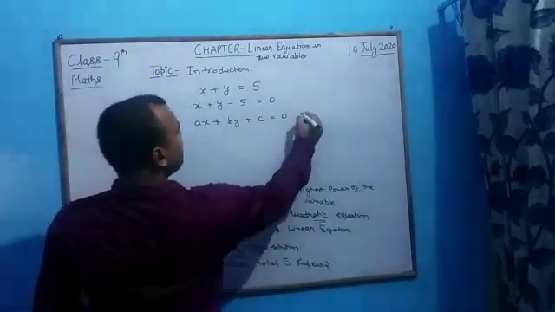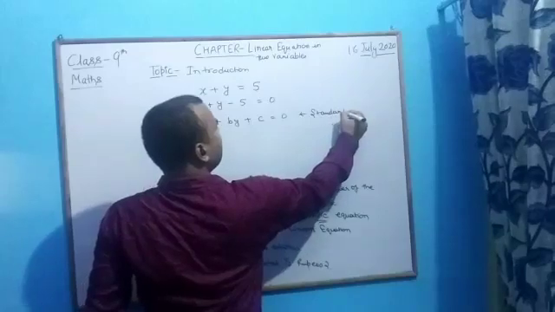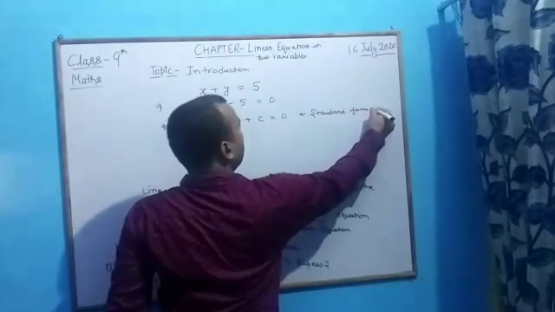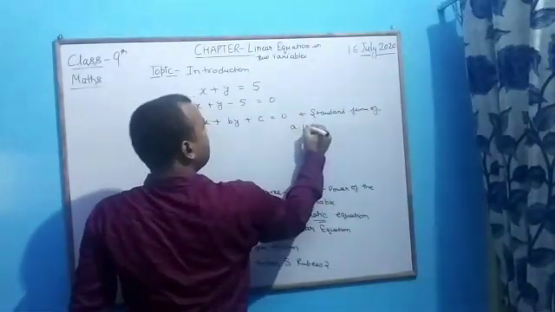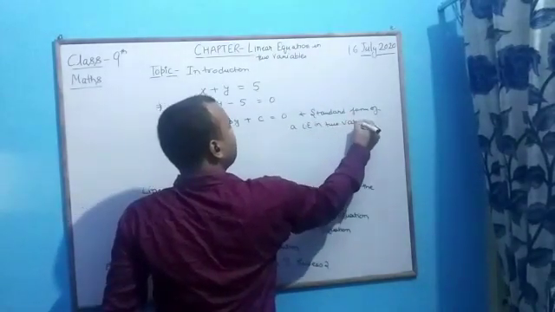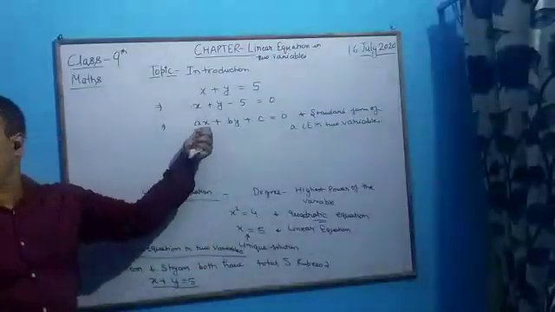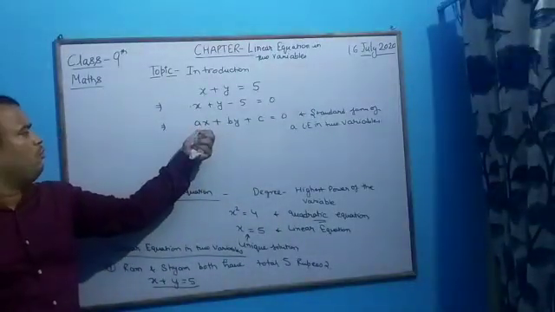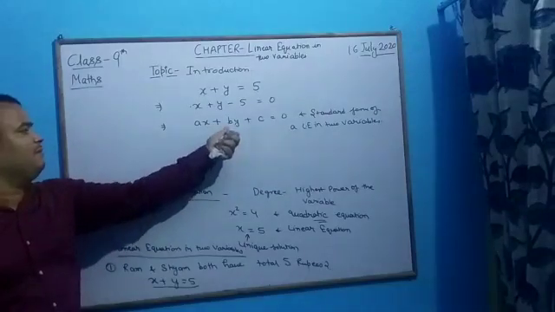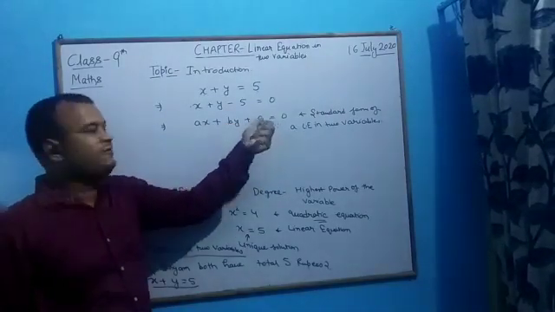This is the standard form of a linear equation in two variables, where a is the coefficient of x, b is the coefficient of y, and c is a constant.